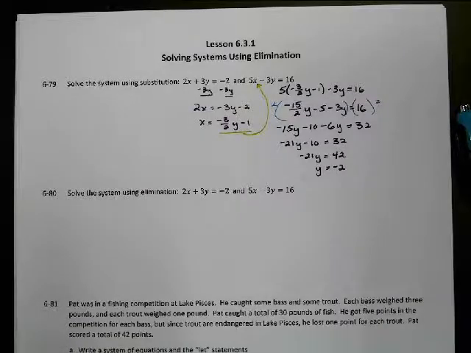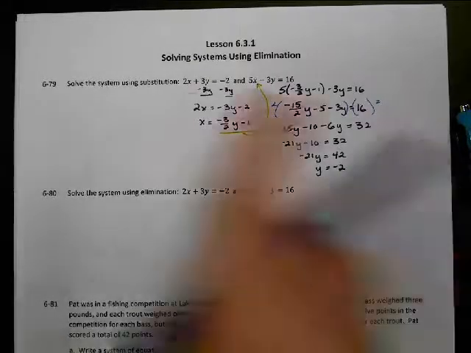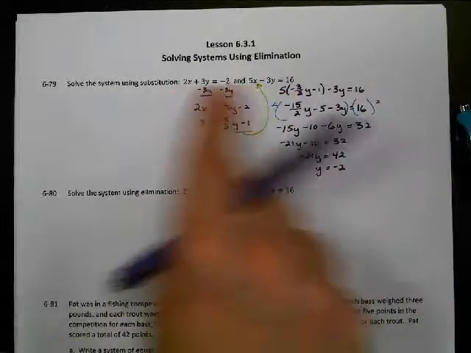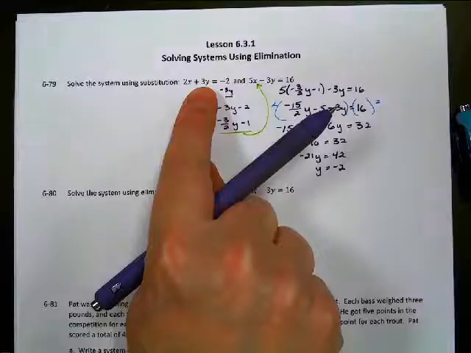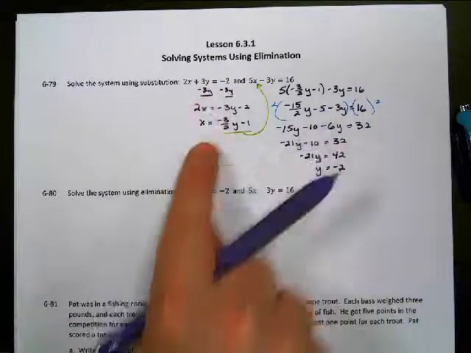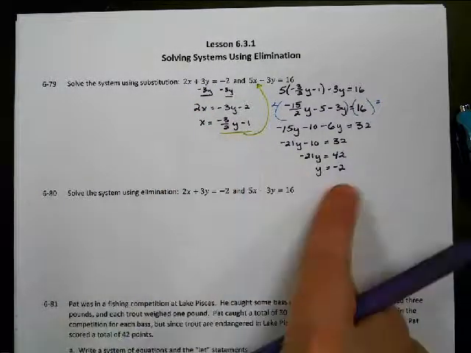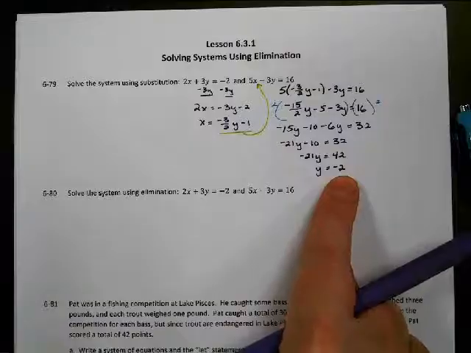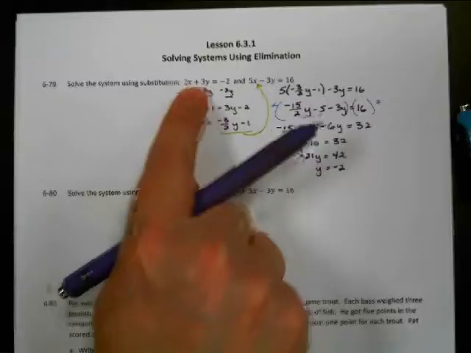I need to find out what x is equal to. And I really want to plug it into one of the original equations because I might have made a mistake here. So let's plug in negative 2 into this one.